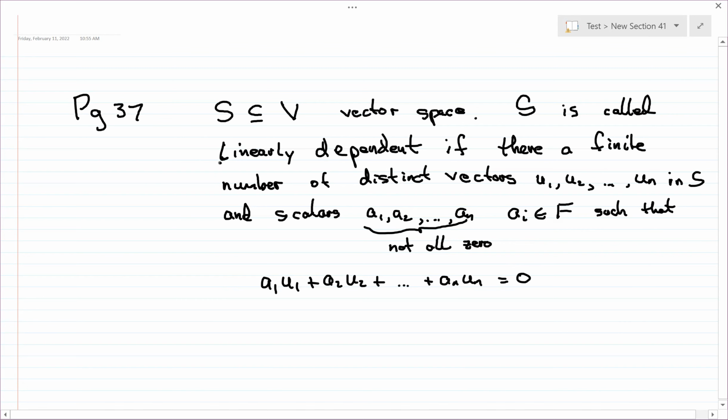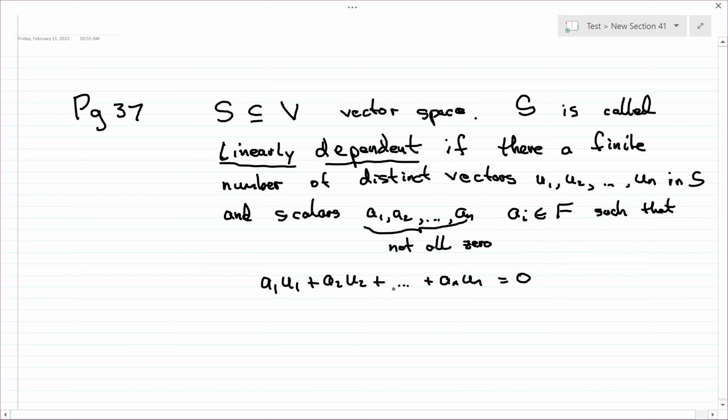So we're defining what we mean by linearly dependent. If we can find a finite number of distinct vectors, U1 up to UN, distinct meaning these are not the same, and scalars, the same number of them, 1 through n, not all 0, that's key, and these are in the field, such that this linear combination equals 0.